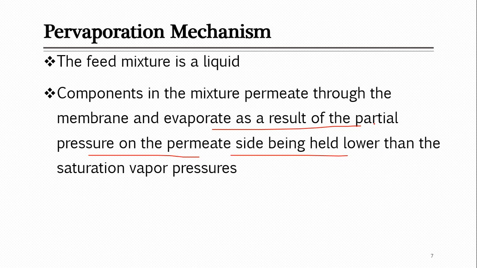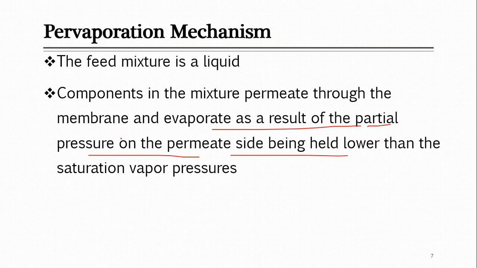Suppose the mixture is just passing through this, then you will look at the partial pressure. If out of the mixture only one component is passing, then we will say its boiling temperature or its saturation temperature. But if 2 or 3 components can diffuse through the membrane, then definitely you will be looking at the partial pressure of each component.